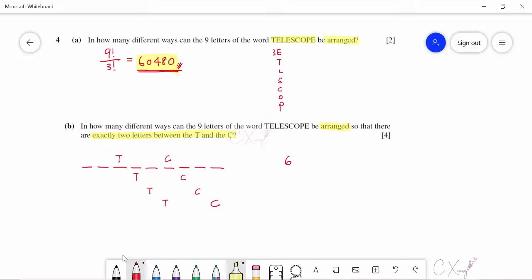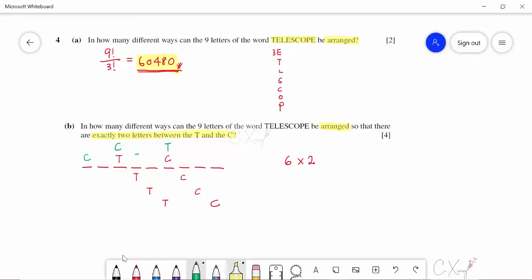So the 6 is for the possible positions that we want to place the T and C. And at the same time, I need to multiply it with 2. Why do I need to multiply with 2? Okay, so the reason is that besides T and C, it is possible that we are having this one also, C and T. All right, so again, the same thing happens now.